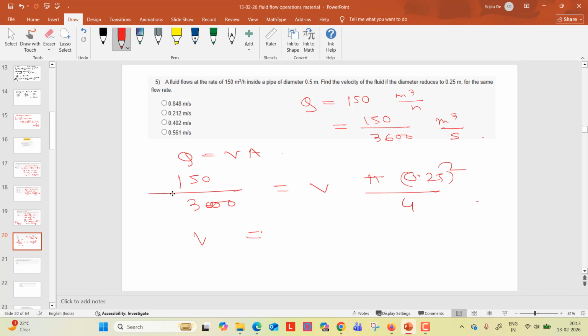It is coming as 0.849 meter per second. Yes, so it is close to this one, option A. Done.